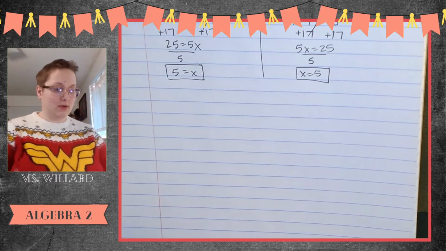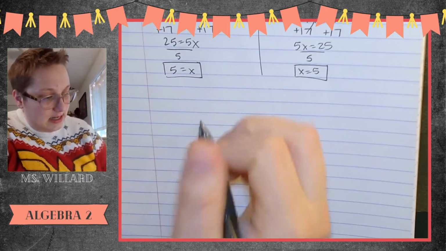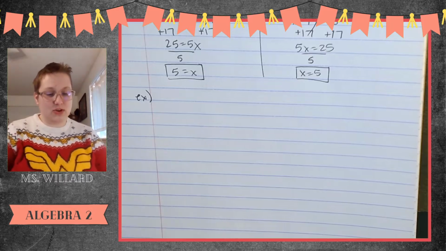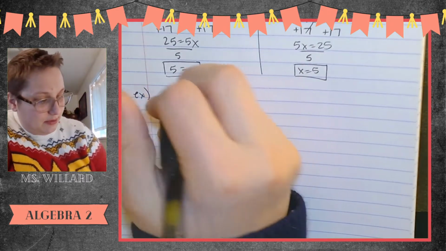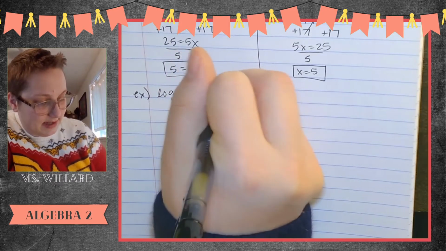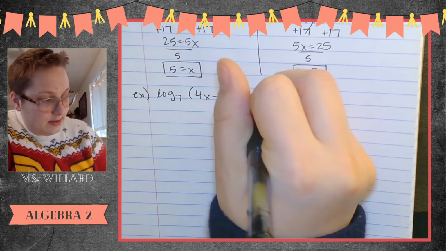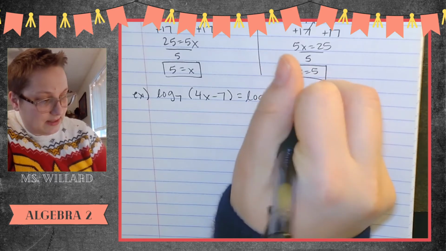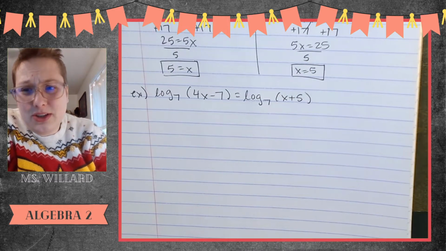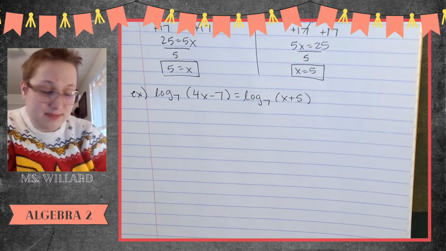Now, I didn't want to use all the space for that problem because there's other ones that look kind of different and it's scary, but they're totally fine. So here's an example. If I have log base 7 of 4x minus 7 equals log base 7 of x plus 5, how do I do the log loop on this? I don't.